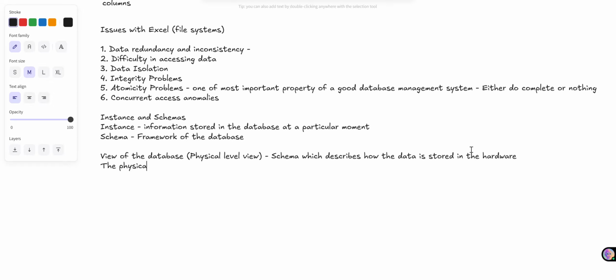So I can say that the physical level view is the source of data abstraction.